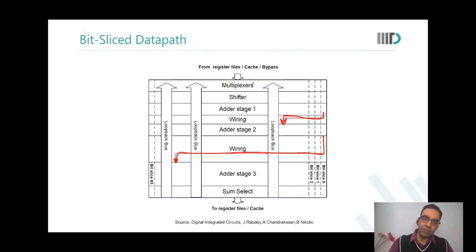In this case itself, we've taken the output of bit 0 of adder stage 1, and we have taken it as an input to, let us say, bit slice 7. Then in the second wiring stage, we've taken the output of bit 0 into something like bit 55.